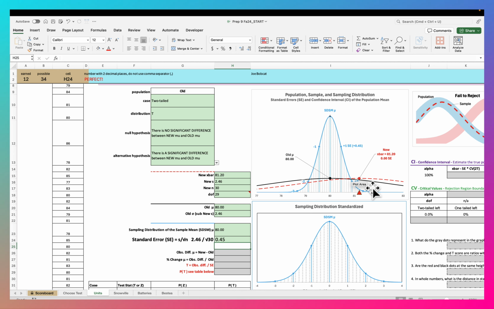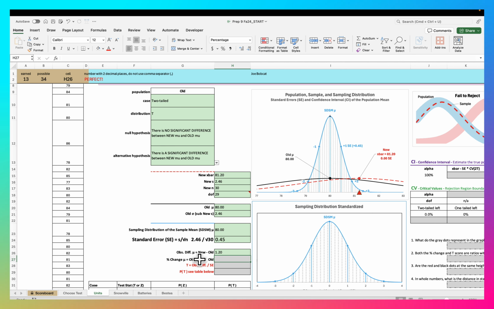Now, looking at the curve, we can probably figure out if this is a reject or not. And as you can see, we are more than 2 standard errors away from the mean, which usually means it ends up being a reject. So let's see if that's true. So the observed difference in means is new minus old. So there's the new mean minus the old mean.